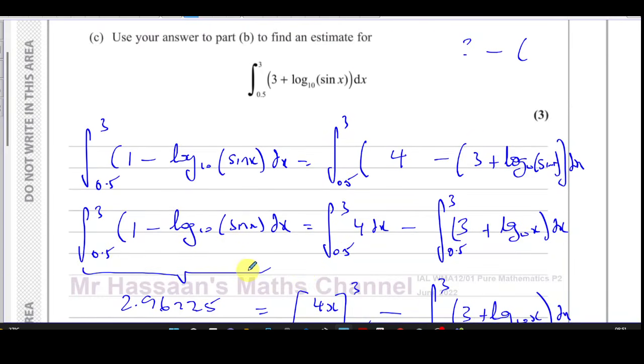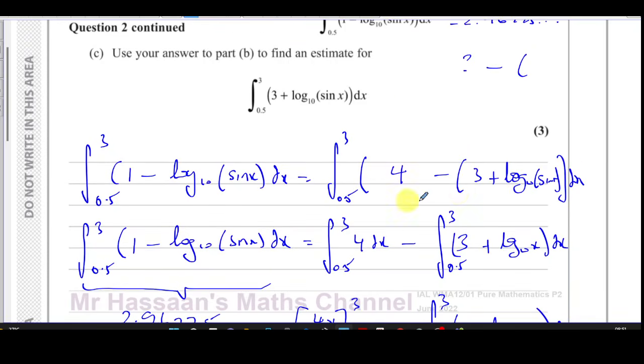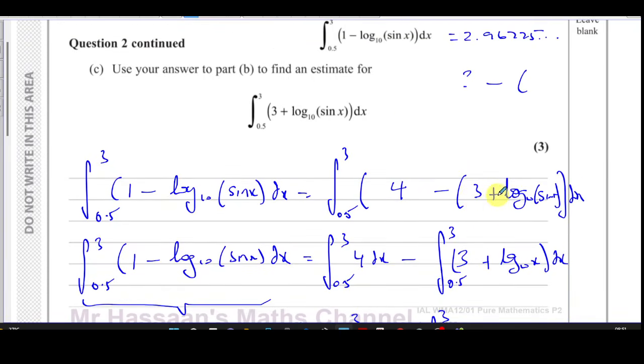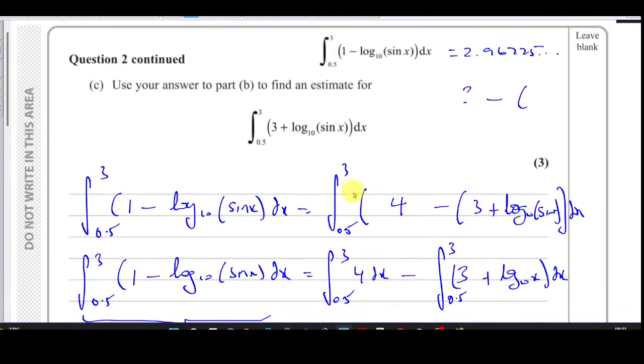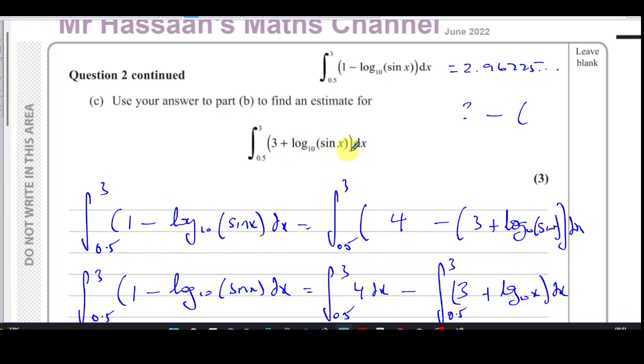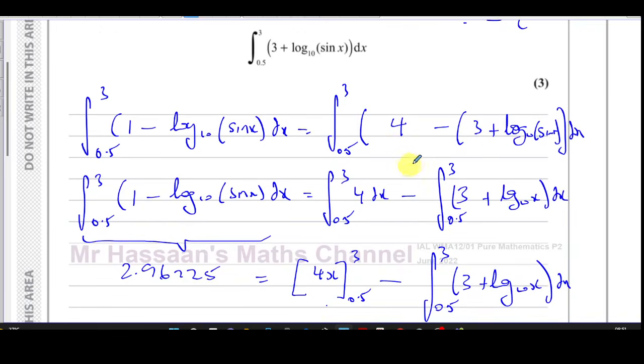I realized that the only way to get negative log to the base 10, if you're starting off with this, is if you subtract this from something. We need to end up with a 1 here. So if I take away 3 from 4, I'll end up with 1, and I take away this from 4, I end up with minus log to the base 10 of sine x. So that's how we dealt with this question using the answer to part A.